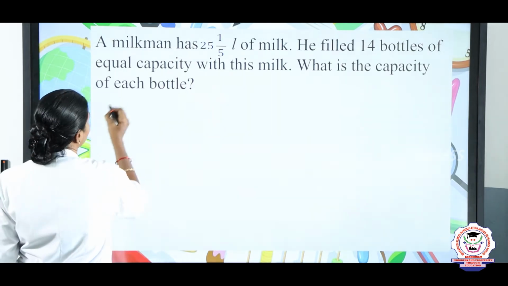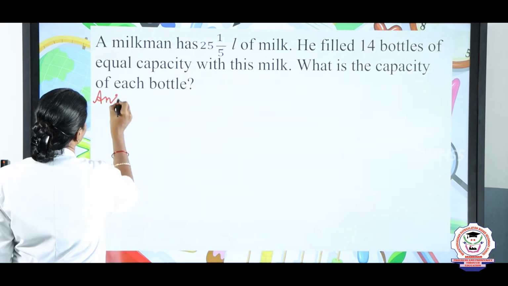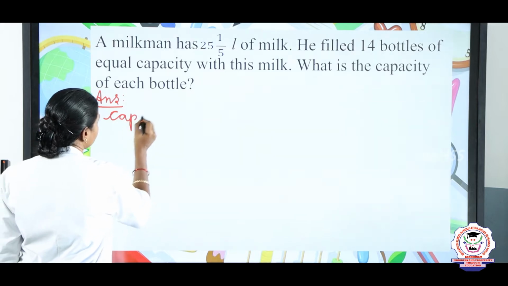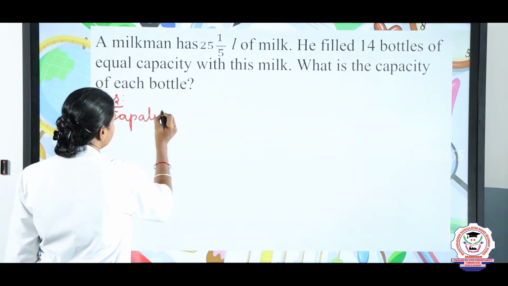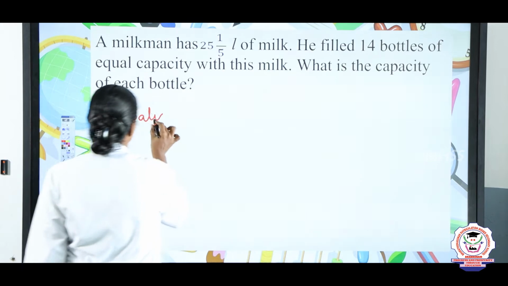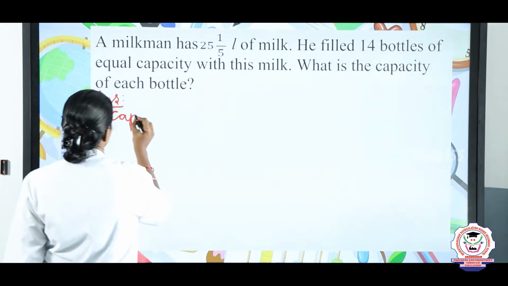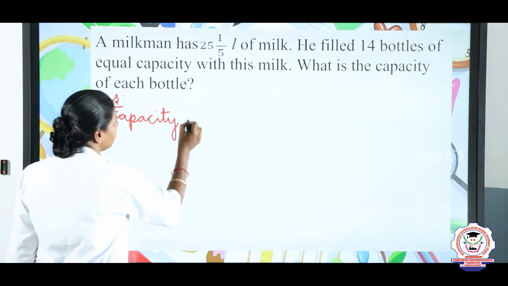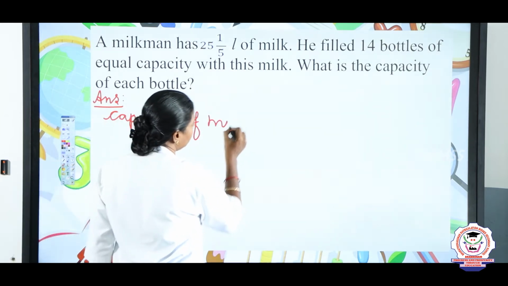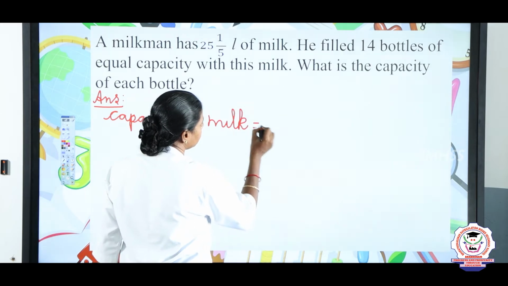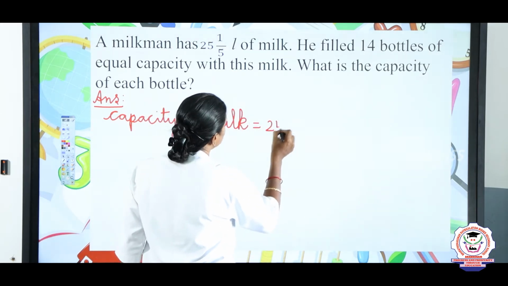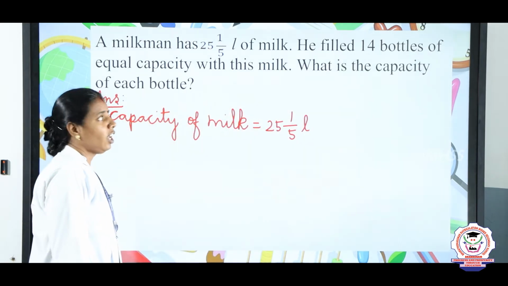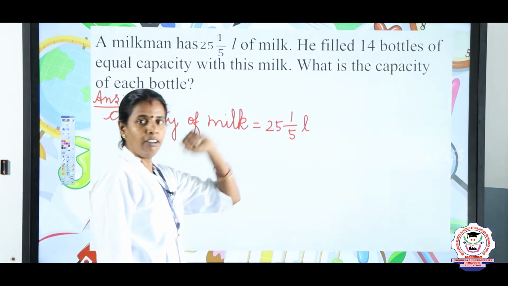First we are going to write the answer. Capacity of milk is 25 1/5 liter of milk, and it is going to be shared in 14 bottles.